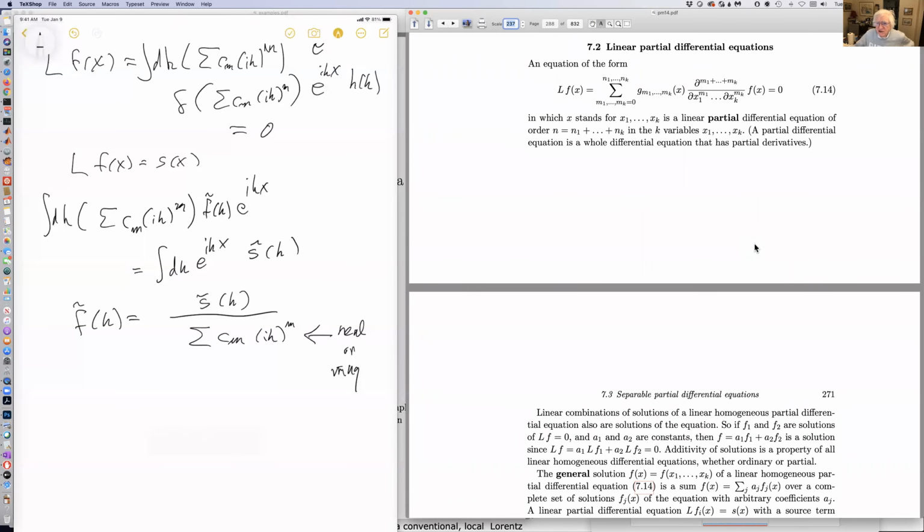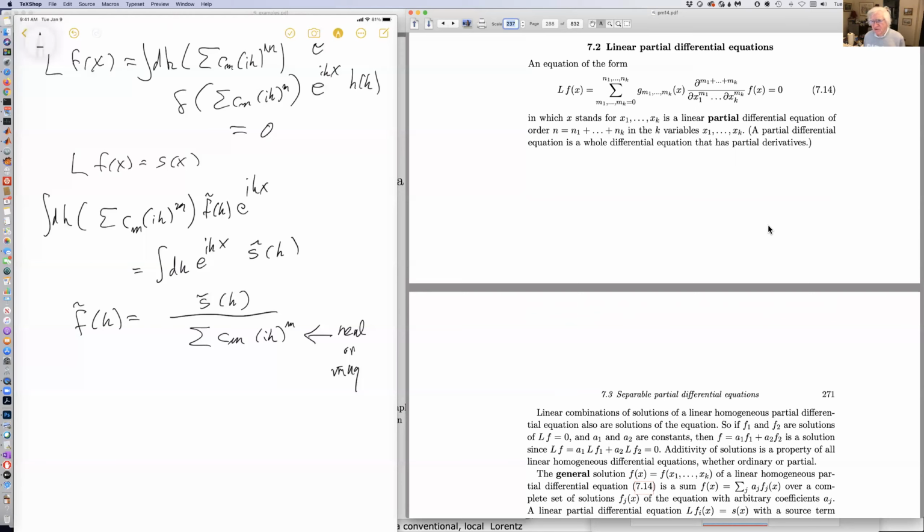So, partial differential equations. A partial differential equation is a differential equation in which partial derivatives occur.